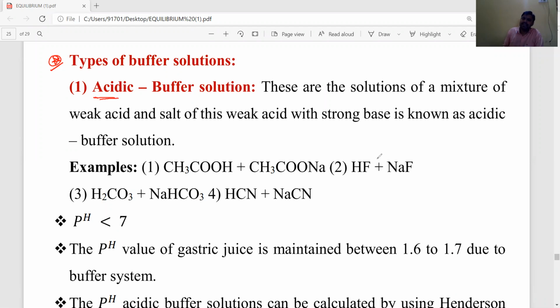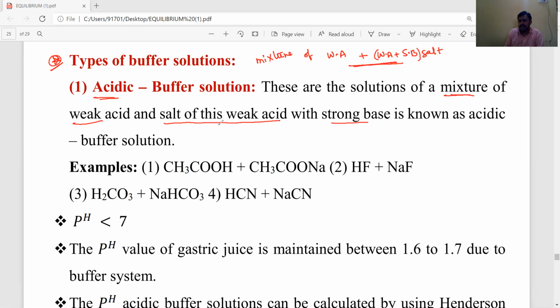Okay, students. What is the meaning of acidic buffer solution? An acidic buffer solution is nothing but a mixture of a weak acid and the salt of this weak acid with a strong base.